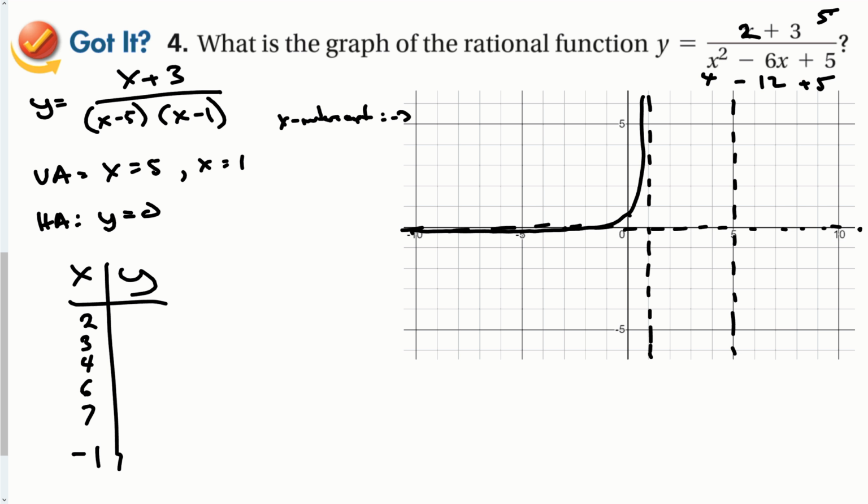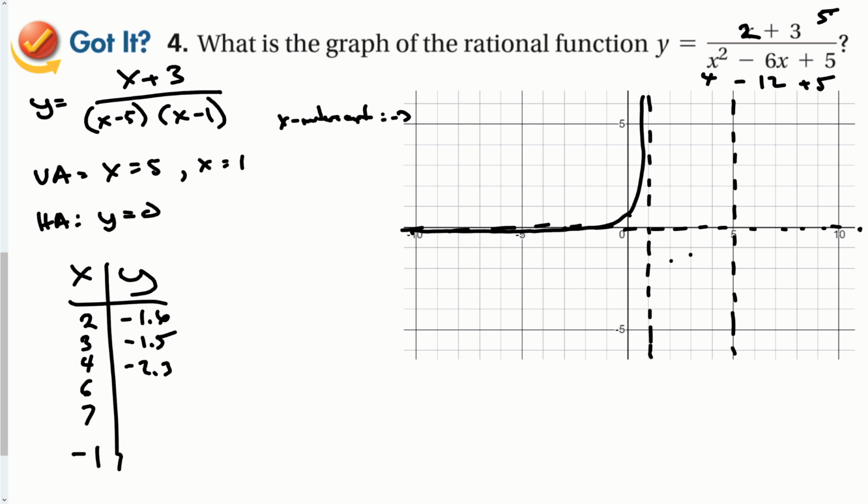So it's 5 over -3, so -1.6. 3 would be -1.5. And 4 would be -2 1/3. I just use a graphing calculator to get these numbers.